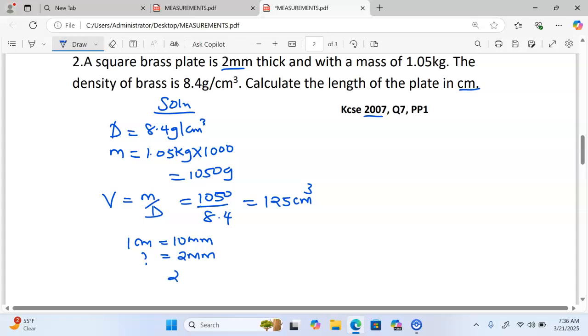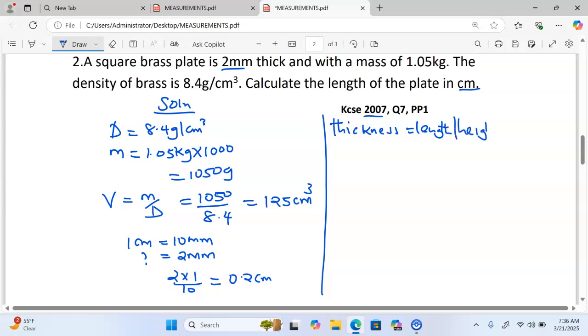It will be 2 times 1 divided by 10, giving us 0.2 centimeters. Remember, our thickness is the same as the height.